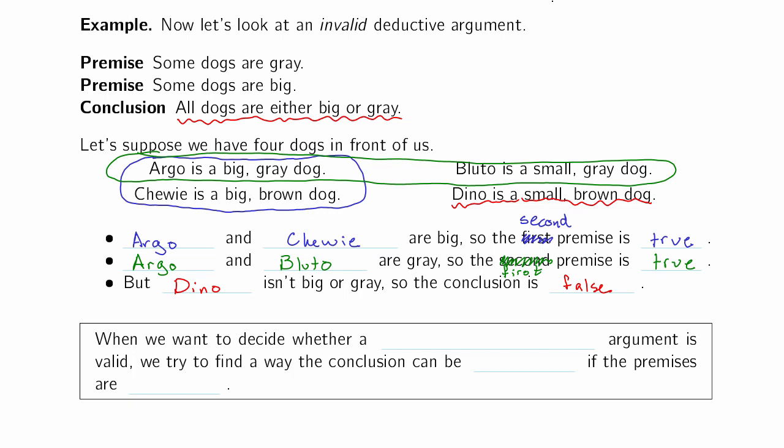And that's what we were looking for to show that this argument is invalid. When we want to decide whether a deductive argument is valid, we try to find a way that the conclusion can be false if the premises are true.